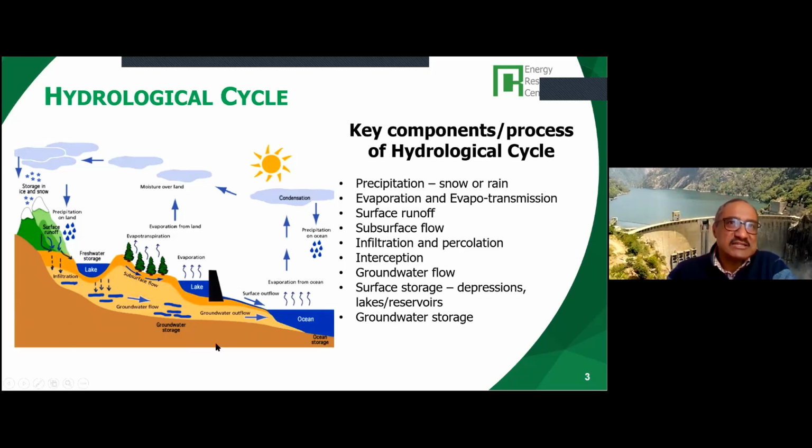So it is important to understand the hydrological cycle, because by understanding the different processes of the hydrology, you can estimate the flow available in the river at different times of the year.